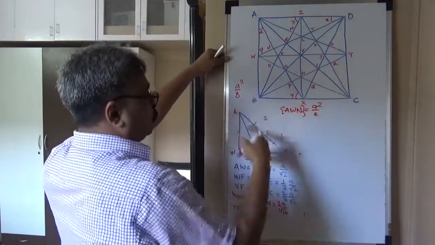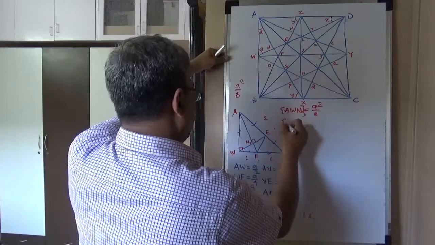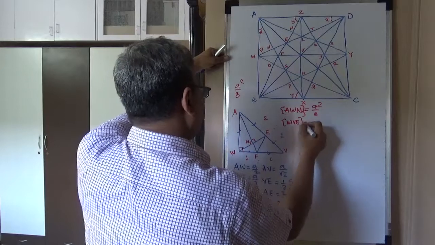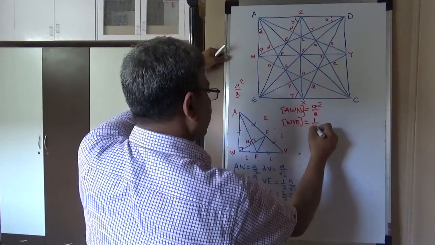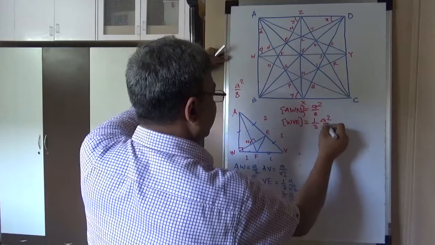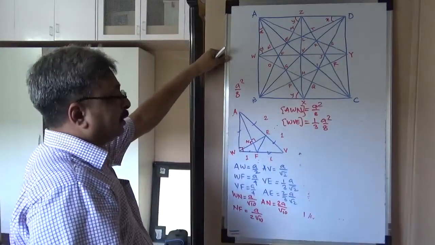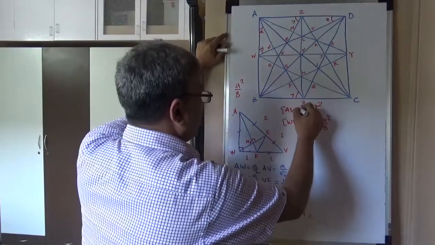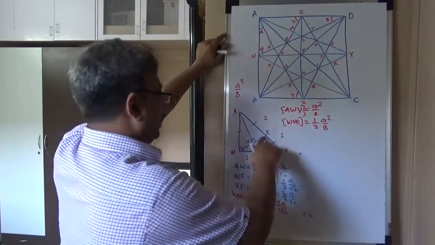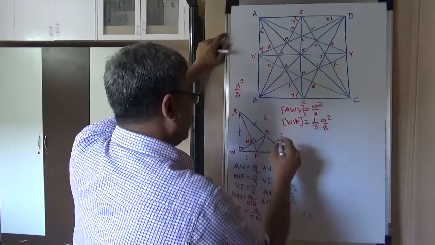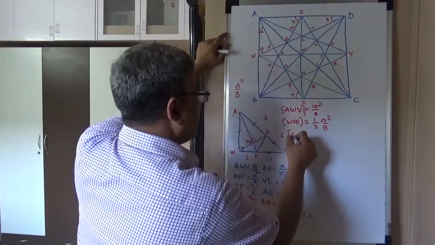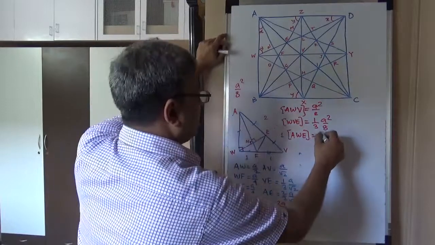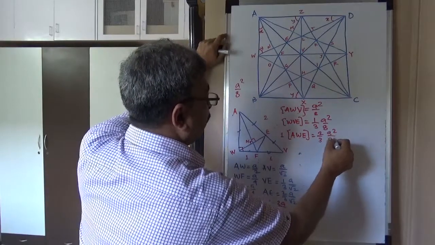Now we know the 1:2 division, therefore the area of WVE is 1 upon 3 times a square by 8. What am I writing? Not AWN, AWV. This is AWV. Then the area of this triangle is 1/3 of the total. Area of AWE is 2/3 of the total, 2 by 3 a square by 8.